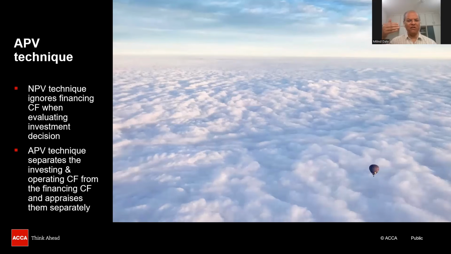to initial investment, working capital, the net realizable value at the end of the project period, realization of working capital invested, and then the operating flows like revenue, cost, taxation, etc. But it does ignore financing cash flows when you evaluate the investment decision.